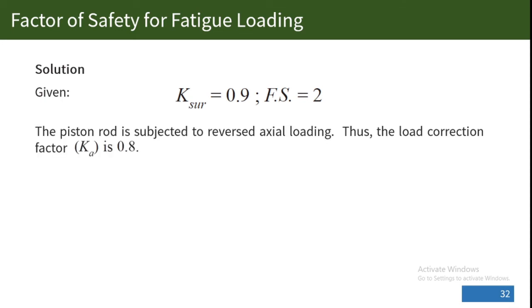So the piston rod is subjected to reversed axial loading. Thus, the load correction factor K sub A is 0.8. Right? So I believe you have remembered this load correction factor for reverse axial loading. It is usually taken as 0.8.